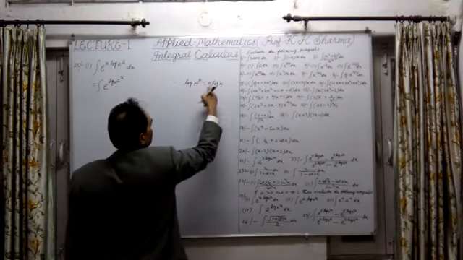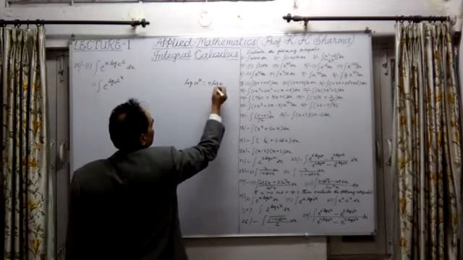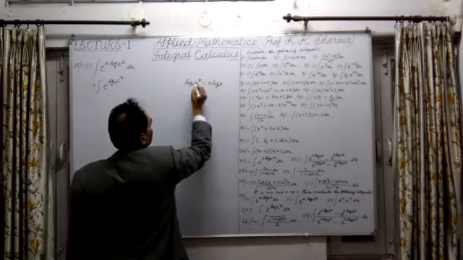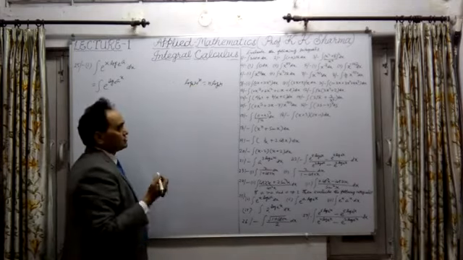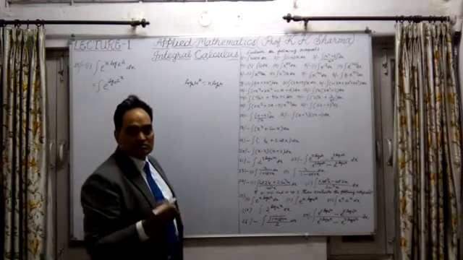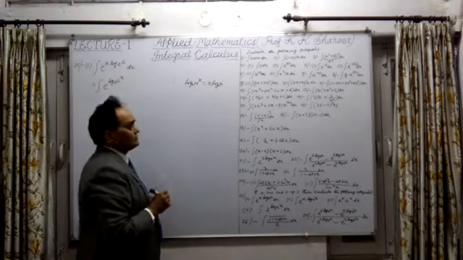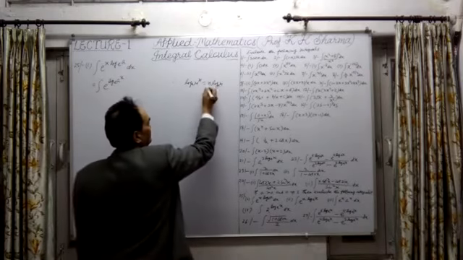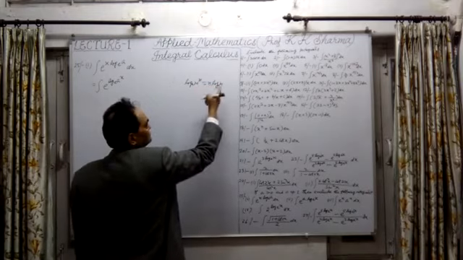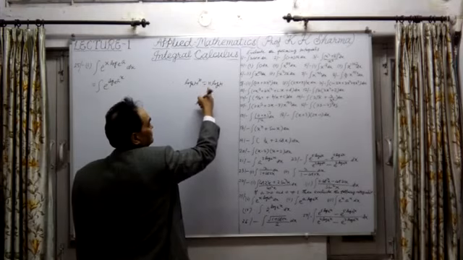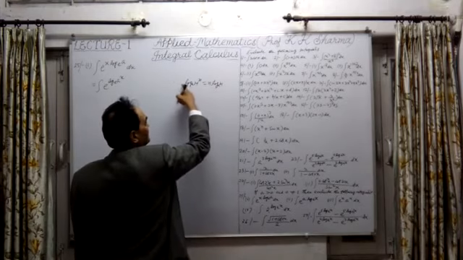So if n is before the log of m and the base is e here, e is natural, sometimes we do not write it, so it should be understood that its base is e here. Therefore, log of m, if this power n is there, then n comes before.